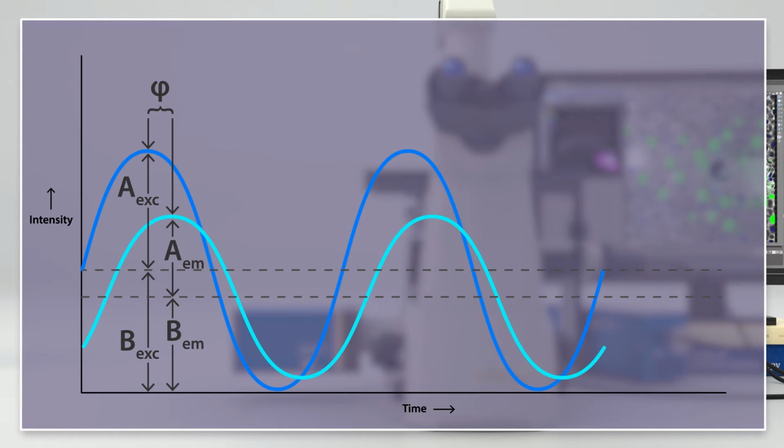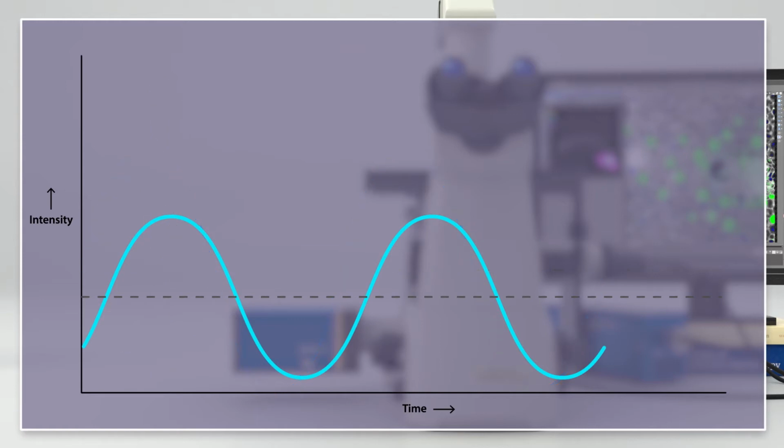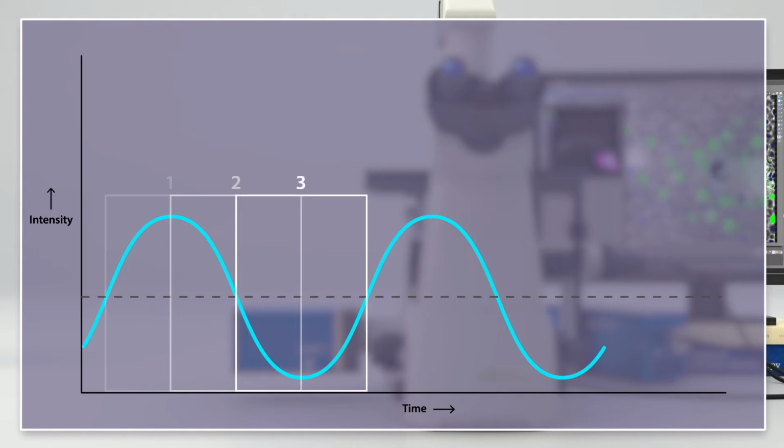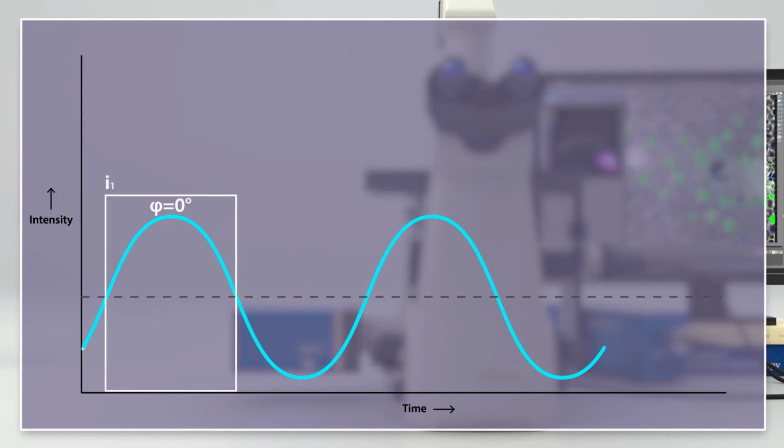These characteristic parameters can be determined by sampling and reconstructing the emission signal by a kind of half-wave integration measured at least 4 different phase angles. The first half-period integration is done at a phase angle of 0 degree, giving the image I1.